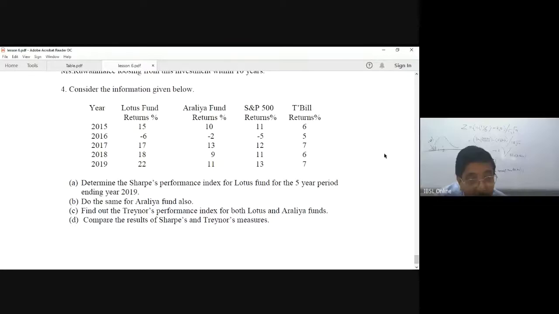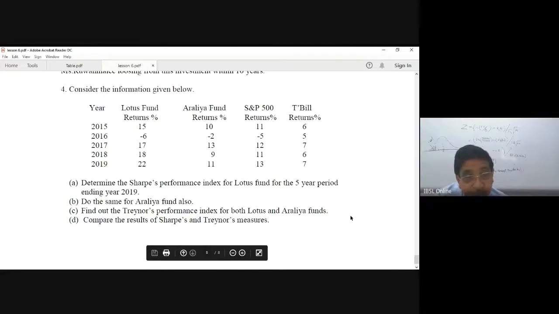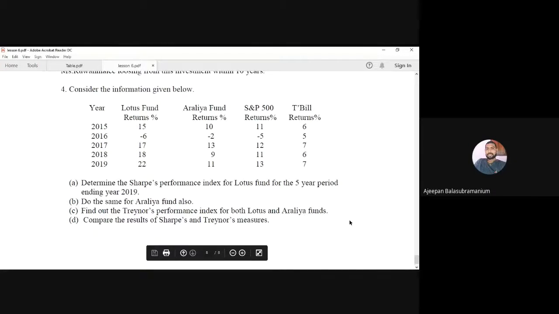After calculating the beta value, you can calculate the Treynor measure for Lotus and Aralia, because for Lotus you can calculate the beta, and for Aralia also. Is that clear?